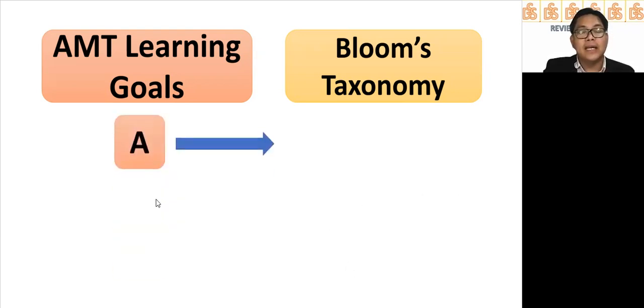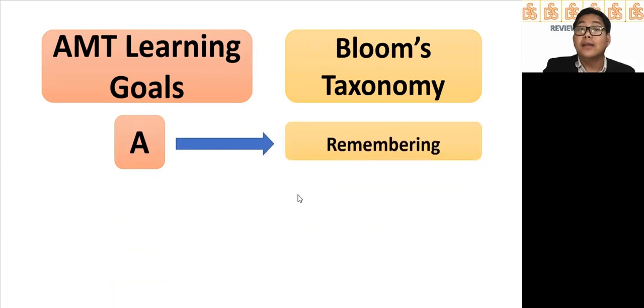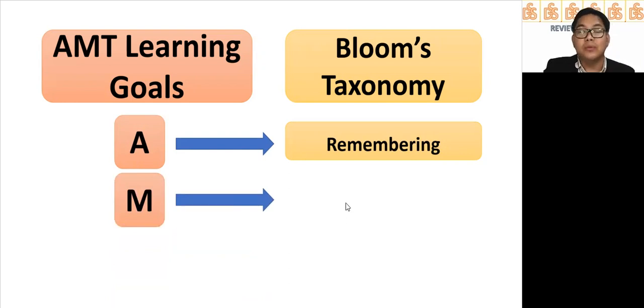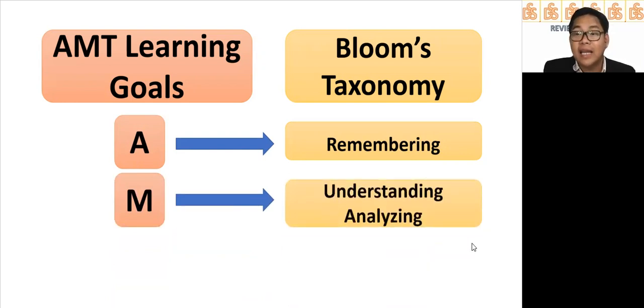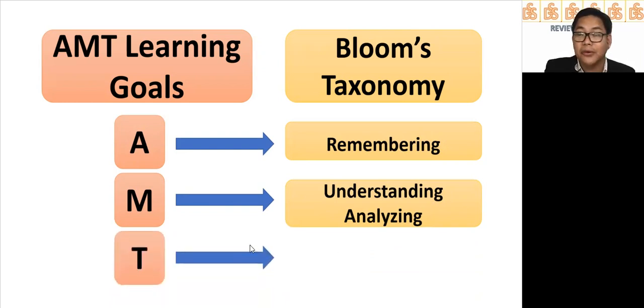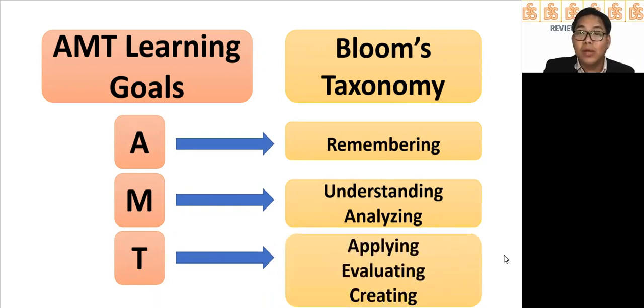Acquisition is associated with remembering, while M is associated with understanding and analyzing, while T or transfer is associated with applying, evaluating, and creating. If you know this connection, it will be easier for you to determine which part of the table of specification your specific assessment is associated with.